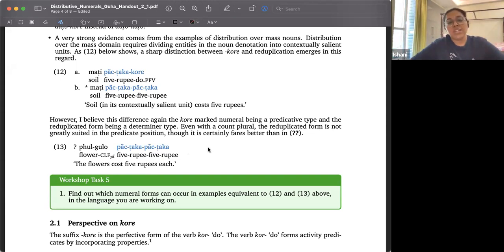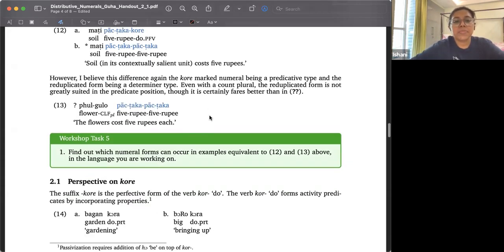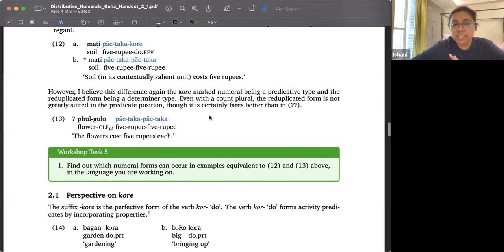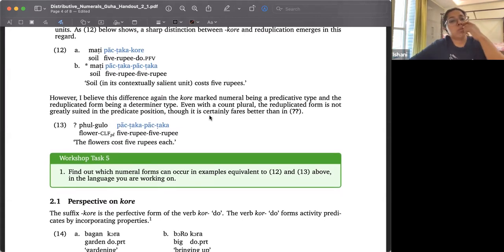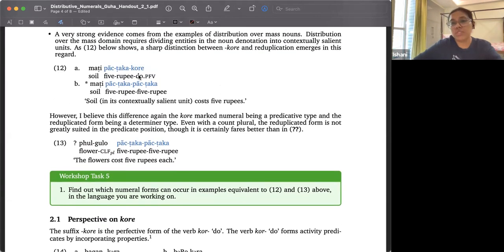So I think this data is in keeping with what we have seen so far, that indeed there are two different kinds of structures, two different kinds of internal structure, two different kinds of semantics. And so definitely think about for Hindi, for Assamese, which form will you use in this case among the available forms.